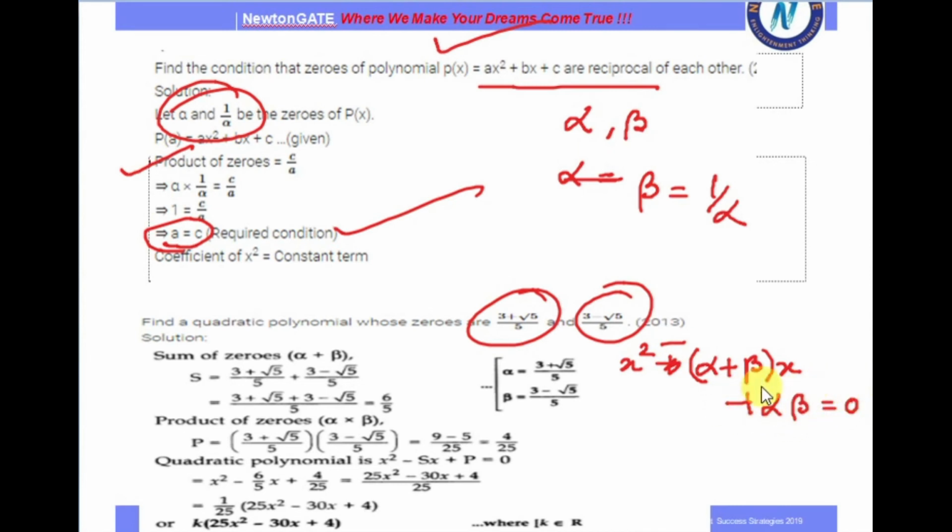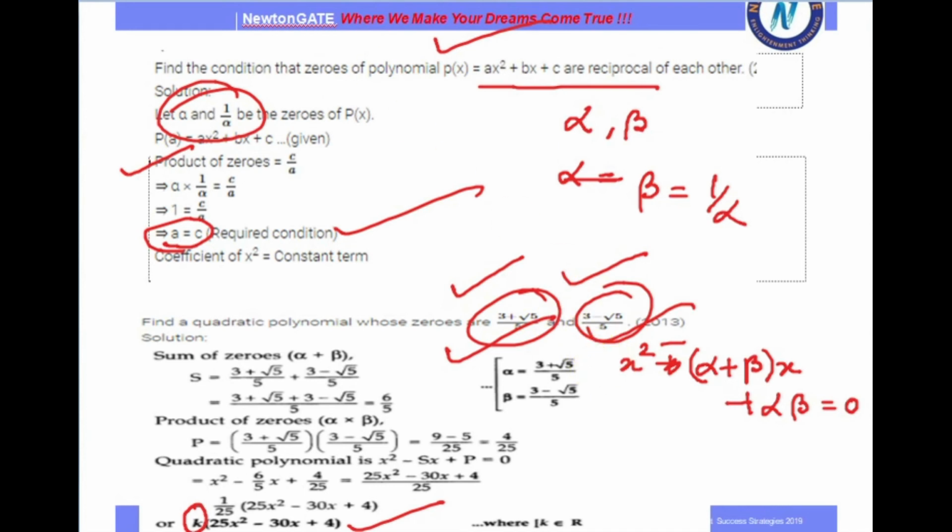Here we know both the zeros, so we can add and then multiply, and whatever values we get, we can write that equation. Please notice that I have written a k. It is not necessary, but writing the k just means that any coefficient multiplied to this equation will also have the same zeros.